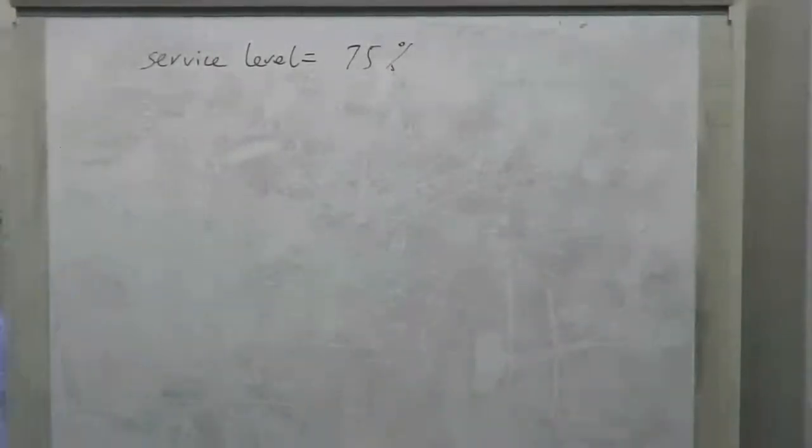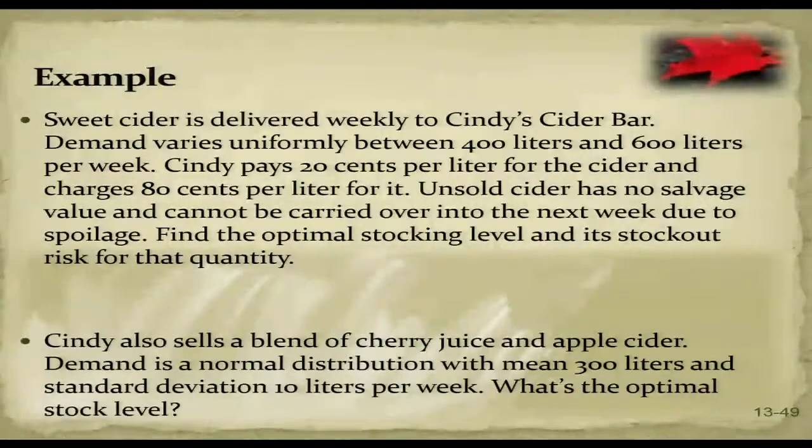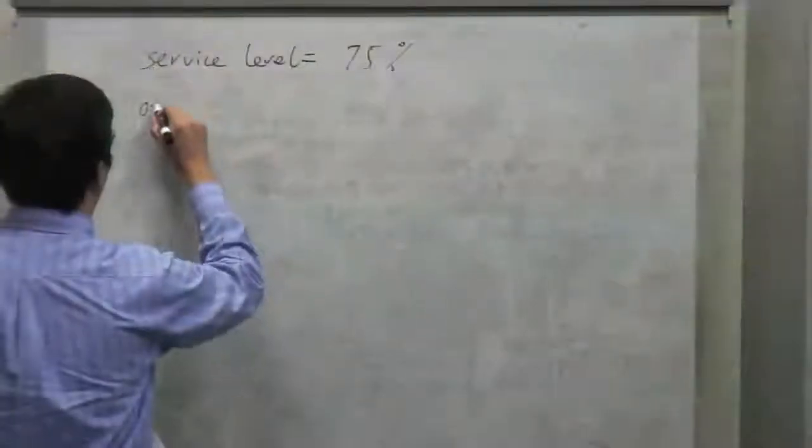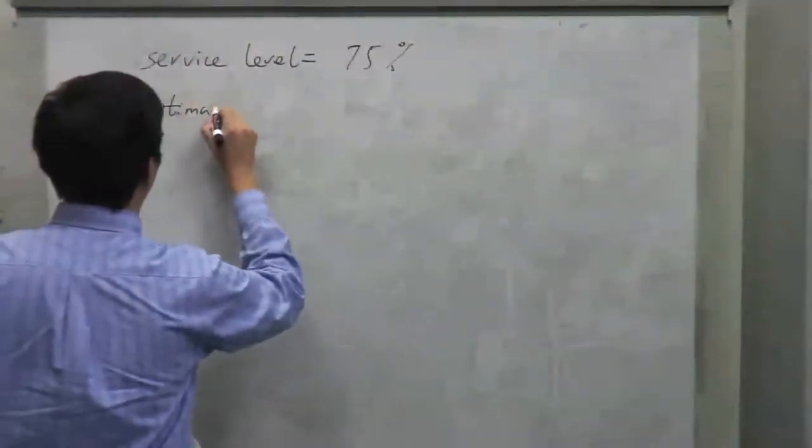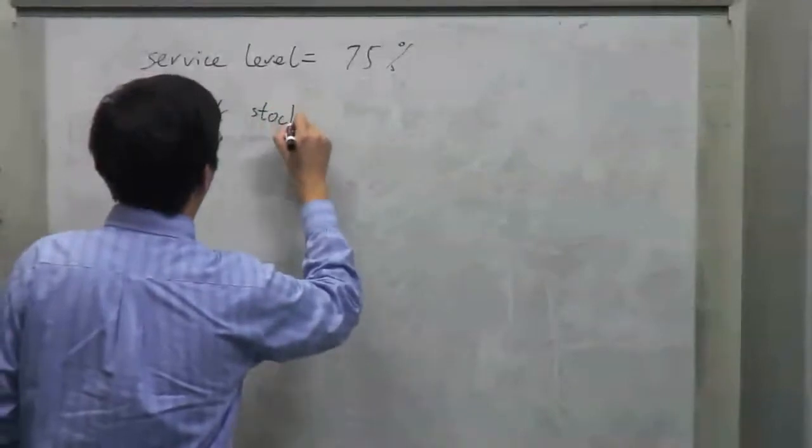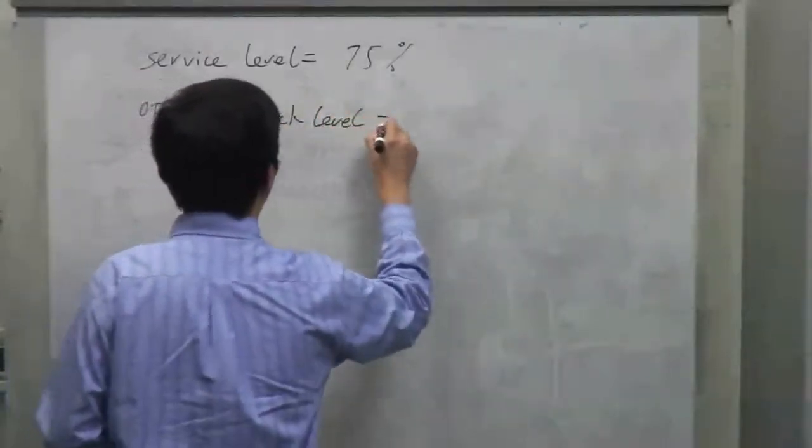Then, since demand follows a uniform distribution between 400 liters and 600 liters, what is the threshold point or optimal stock level given this 75% service level? 500. How did you get that, Jonathan?